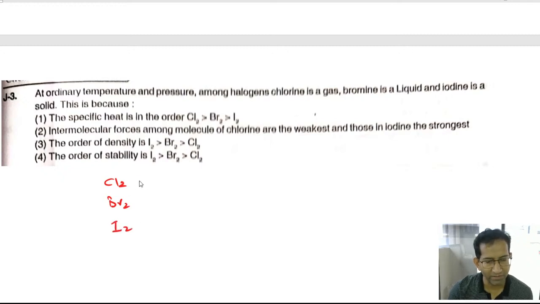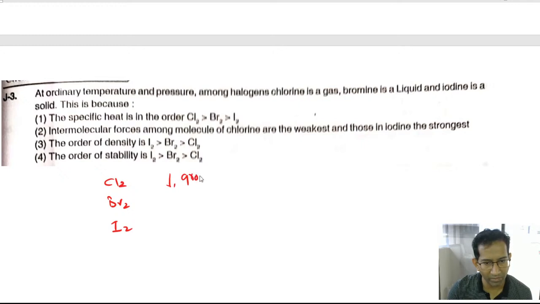Why is chlorine a gas? Because the intermolecular force of attraction in chlorine must be lowest. Bromine is liquid, so in bromine the intermolecular force of attraction is higher, and in iodine it should be even higher than that, right? So from chlorine to bromine and bromine to iodine the attractive forces should increase, and that is what happens going down the group.